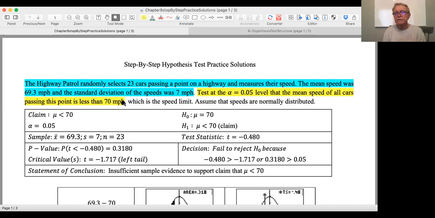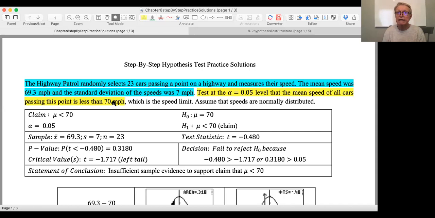That kind of tells us the 3 parts of a hypothesis test. First it says we're talking about a claim when it says test that. And then it gives us a parameter in the population, the mean, and it gives us a relationship, is less than, and then it gives us a value, 70. So those 3 pieces of information are there.